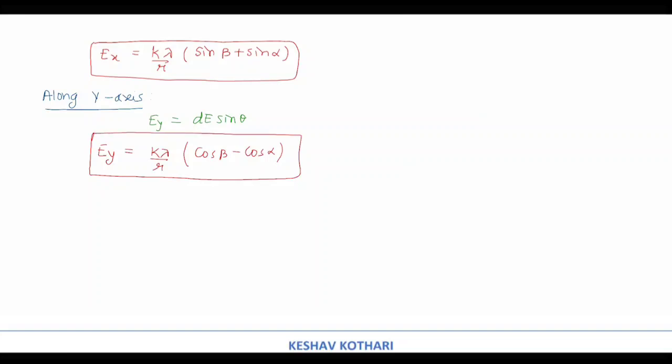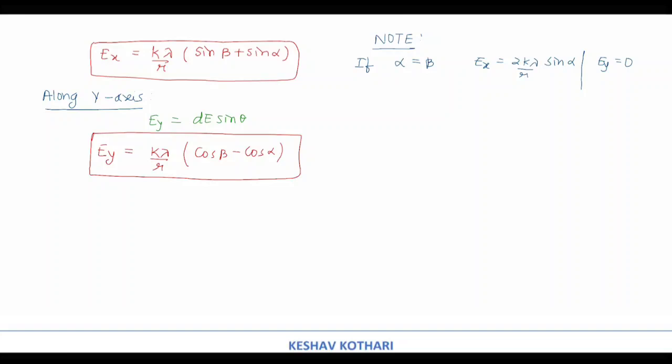So over here we are taking a note. If the line is symmetric, that is alpha is equal to beta, the value of the electric field along the x-axis will be equal to 2k lambda upon r sine alpha, whereas the electric field along the y-axis will become equal to 0 if it is perfectly symmetric in nature.